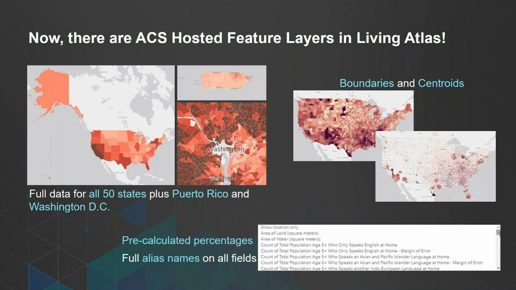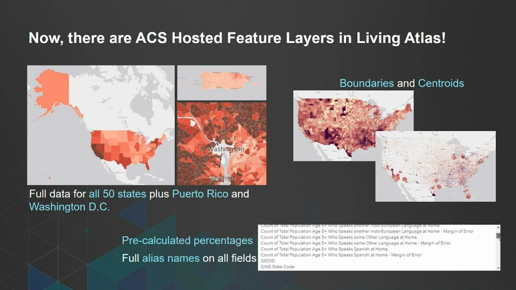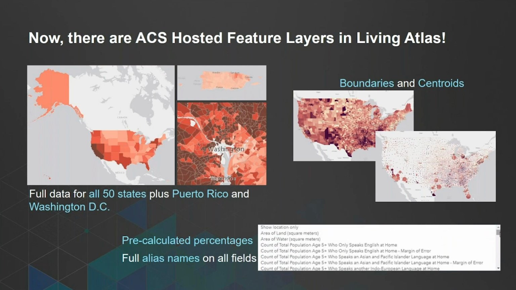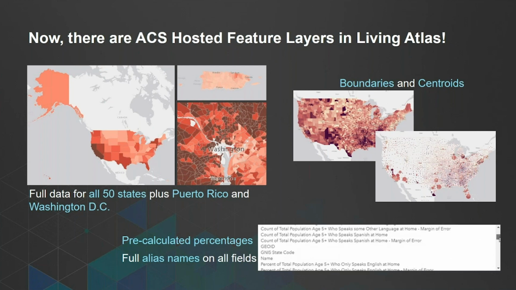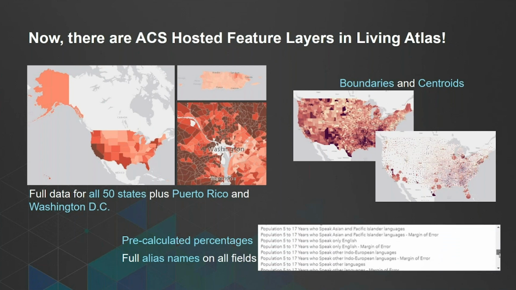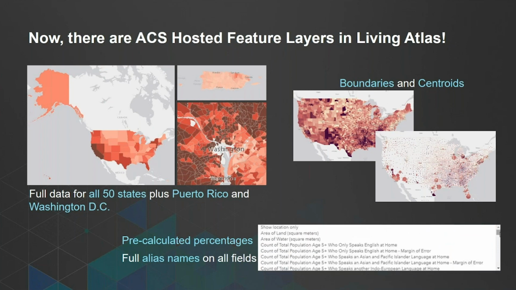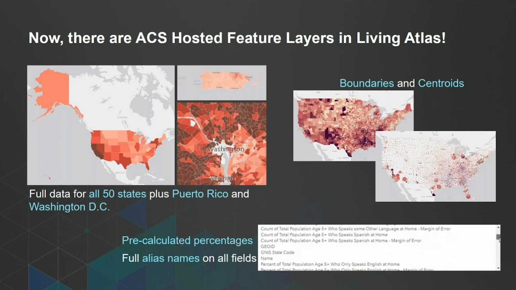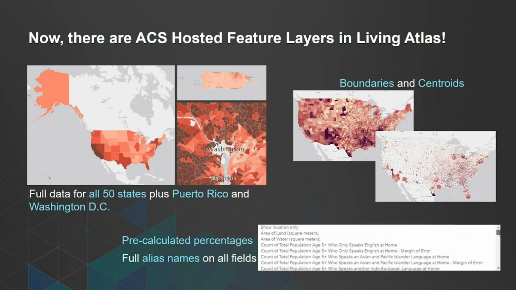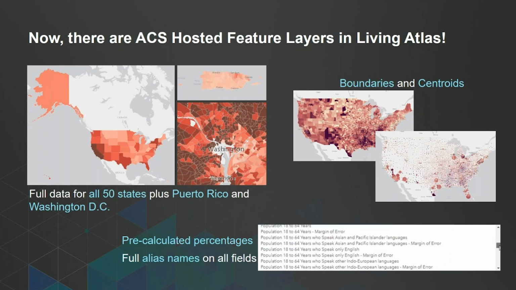We've also gone ahead and added these beautiful alias names to all the fields so that you don't have to be a data or ACS expert to access and use these layers. You can immediately access the data values, and you can immediately get a really well-described description of what that field is going to be showing you. In the past, there's a cumbersome process to join these fields from the census, like B1007_002E.